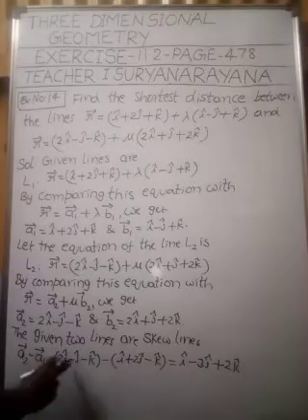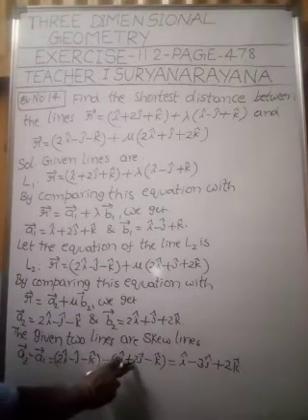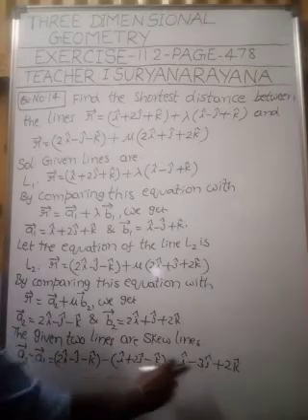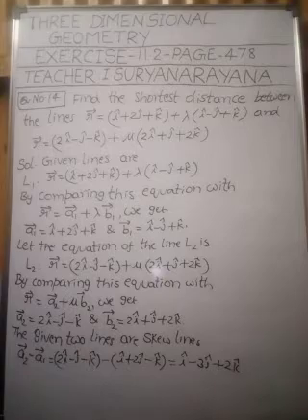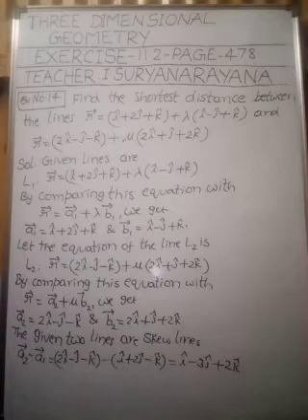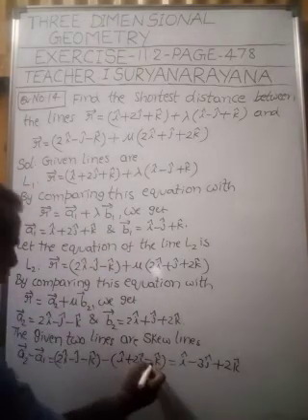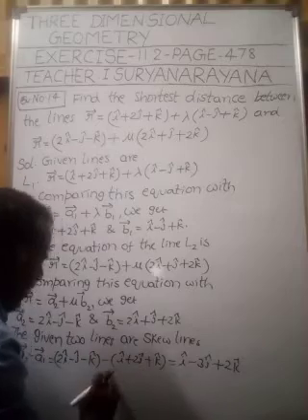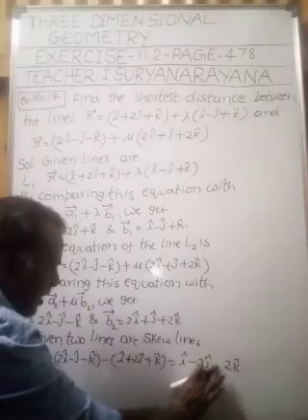What will you get? 2i cap minus i cap is i cap, minus j cap minus 2j cap gives minus 3j cap, and minus k cap minus k cap gives minus 2k cap.